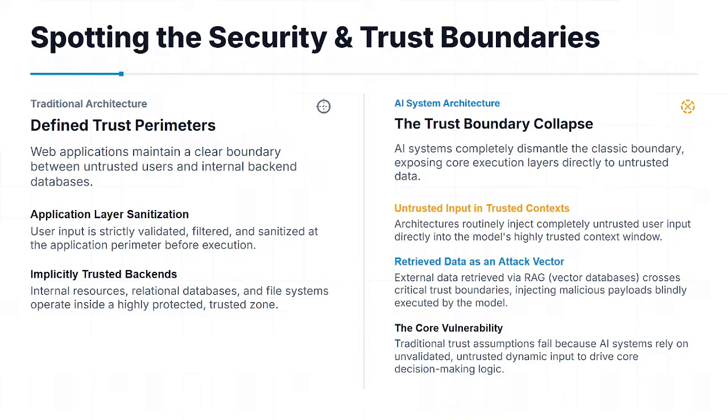But when it comes to architecture like this, understanding the system architecture, working with it, trying to devise ways of improving the security measures, you have to understand that whatever traditional trust assumptions we have can fail, because AI systems rely on unvalidated and untrusted dynamic inputs to be able to carry out the decision making logic.